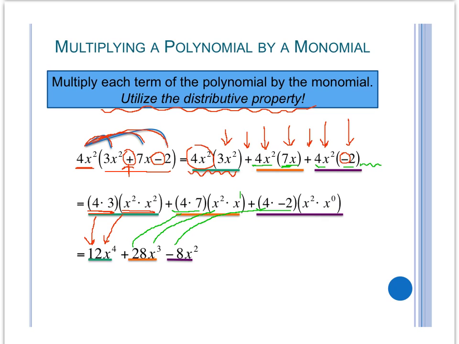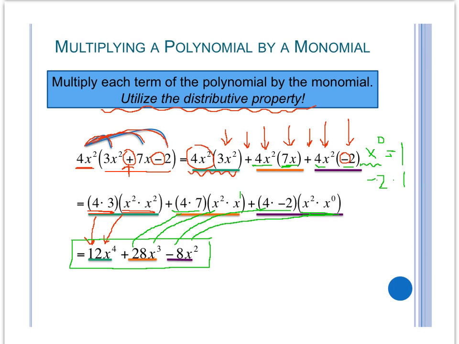So really, we can say that that was x to the 0th power, because if you remember from our exponent rules, x to the 0 will always equal 1. So really, we're just saying this is -2 times a 1. And so we are left with x squared times x to the 0th power, so we need to add those exponents, so 2 plus 0 gives us x squared.